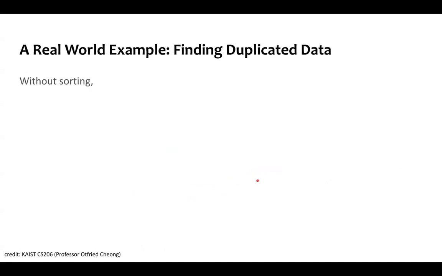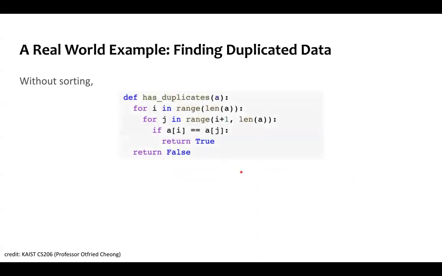And I want to give a real world example, finding duplicated data. Without sorting, the code is going to be like this. Let's say we have a list of integers and we want to check if this array contains duplicated items. In such a case, we need to iterate through this list twice. So that is the reason why we are making two for loops like this.